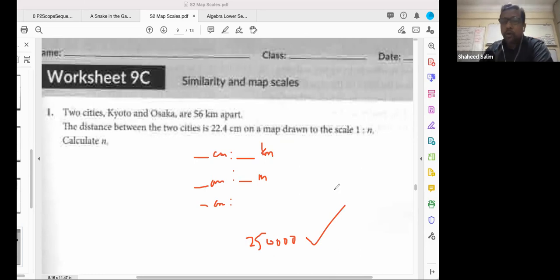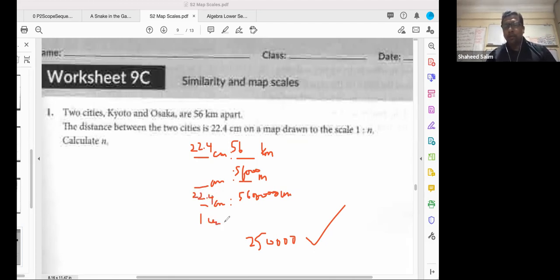Congratulations. So, okay, so you did this right. 22.4 is to 56 km. Then you times by 1,000, 56,000. Then you times by 100, 5,600,000. Something like that. One more zero. cm. Then this one 22.4, right? Then you divide 22.4. You get 1 cm is to this number. Well done. You've done it.